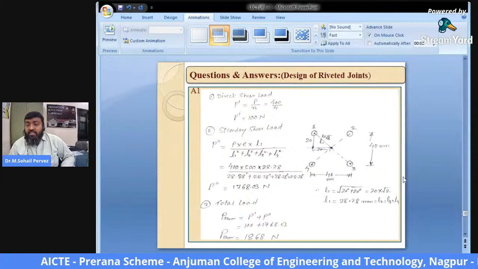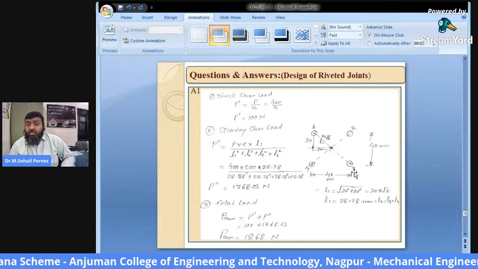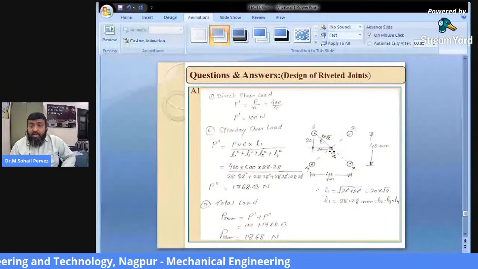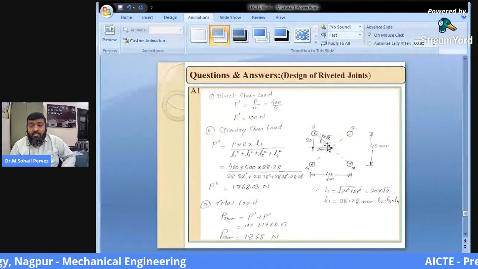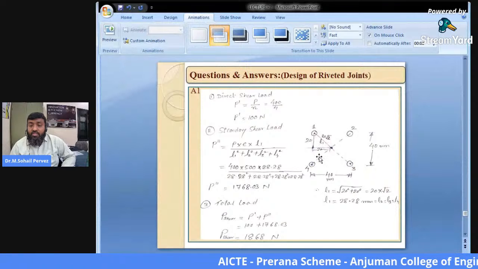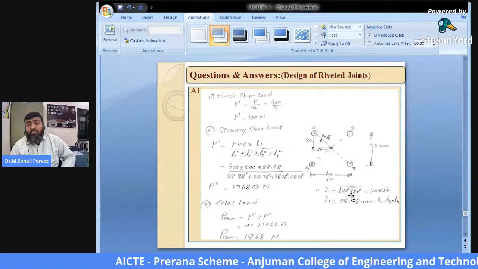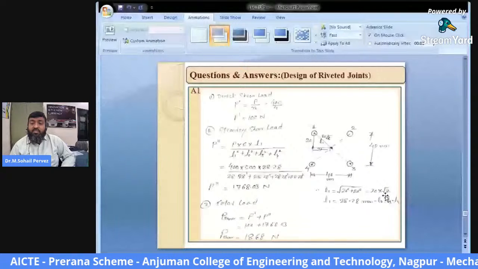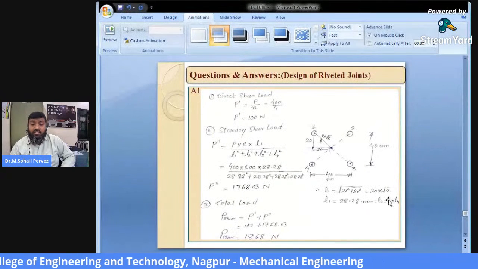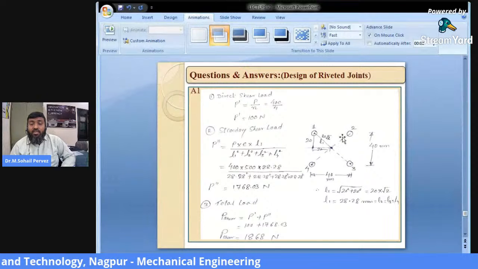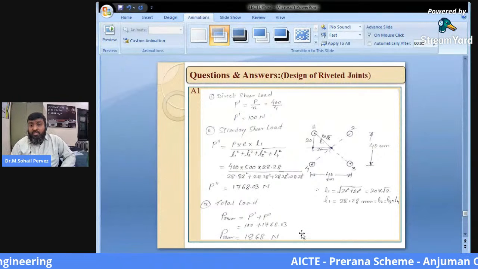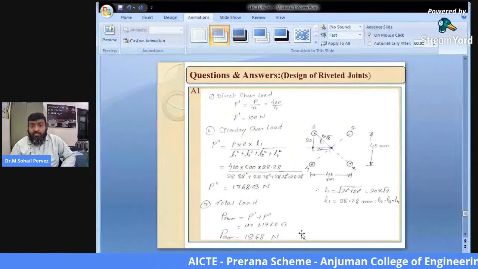Every distance is 40, so divided by 2, it is 20. I have calculated this length L1. Similarly, L2, L3 and L4 may be calculated in the same fashion. L1 is the square root of 20 square plus 20 square, and there we go, L1 is equal to 28.28. Now L1 is equal to L2, L3 and L4, since all four rivets are equidistant. So we have calculated this and found the answer. I hope you are understanding this numerical.